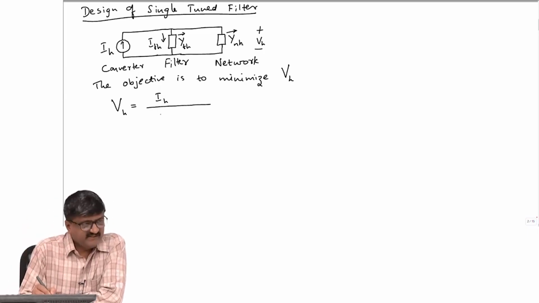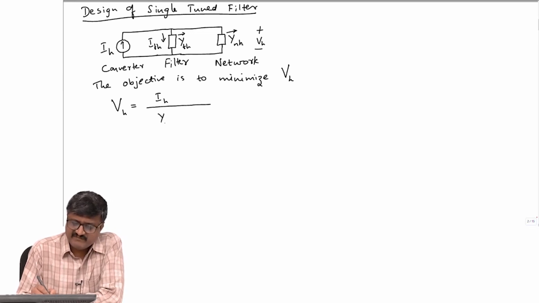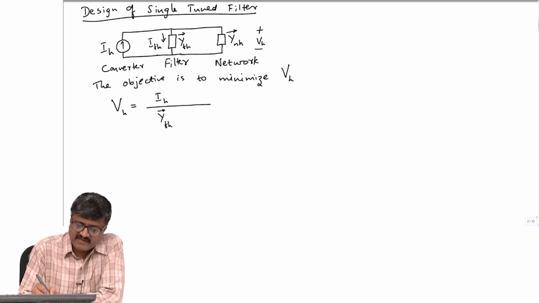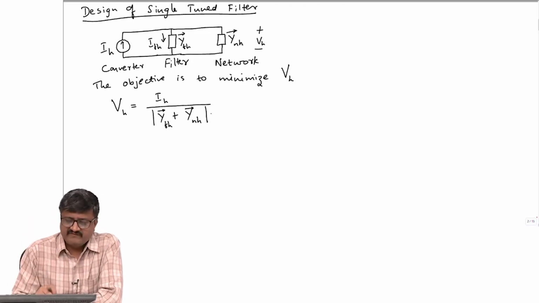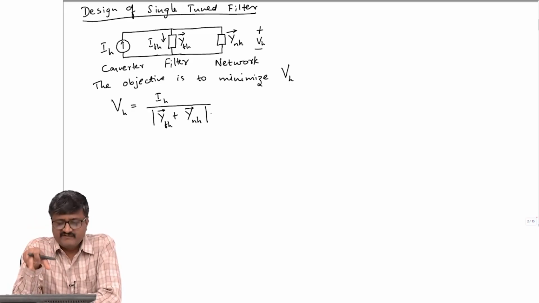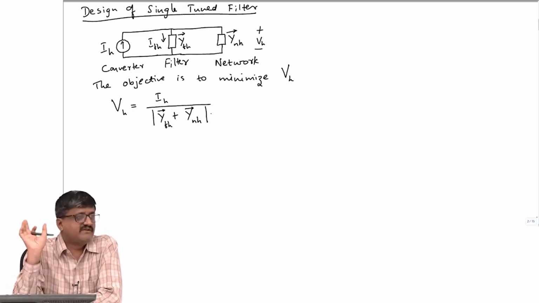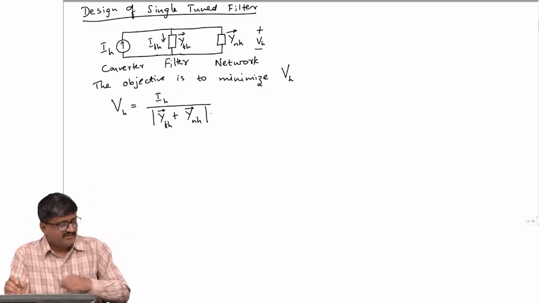So, I can write this as IH divided by the magnitude of YFH plus YNH. When I have two admittances in parallel, the effective admittance is the sum of the admittances. Okay, the magnitude of the effective admittance times the magnitude of the voltage gives the magnitude of current.